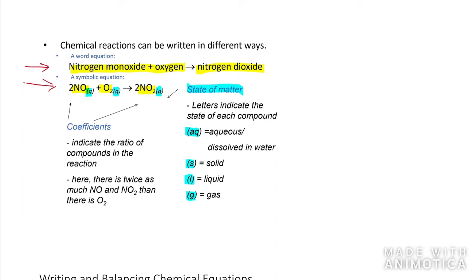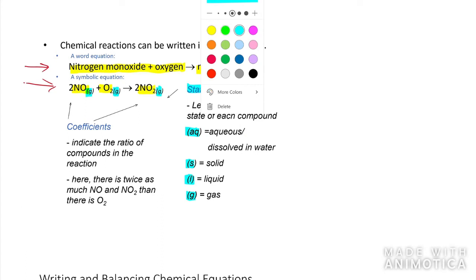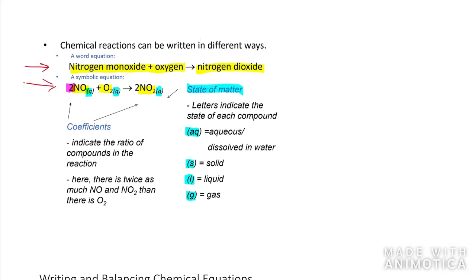The numbers before the chemicals are called our coefficients. And this is just like in math when you're looking at algebra and variables.